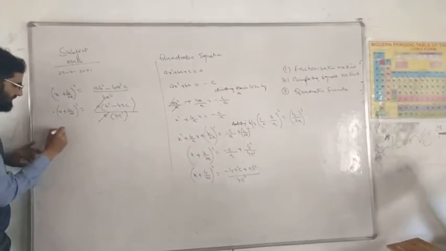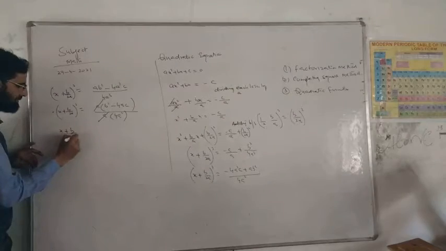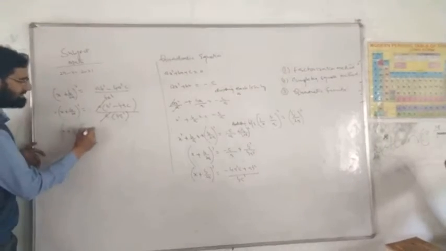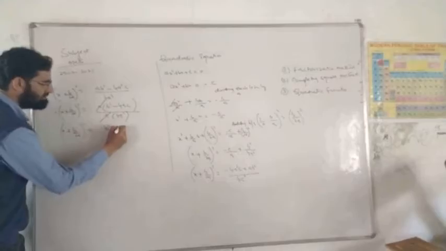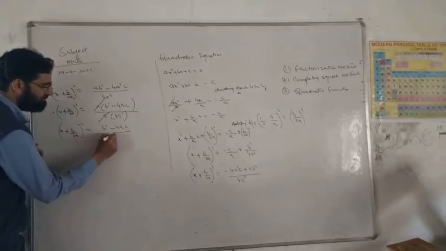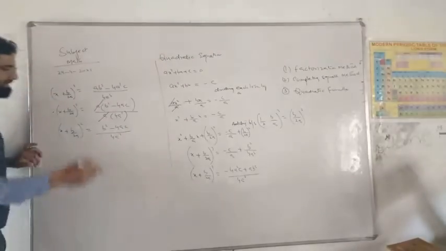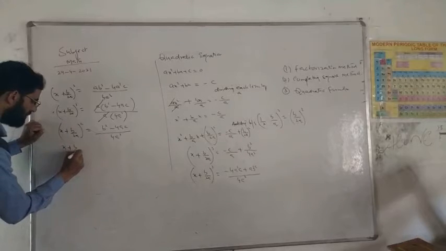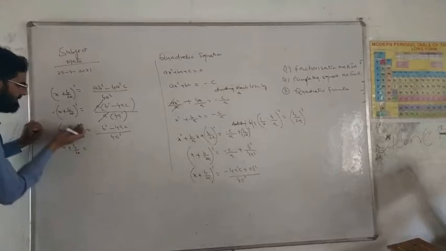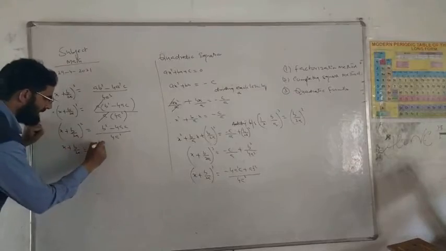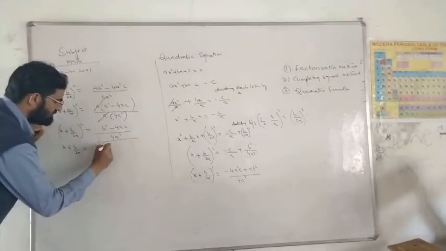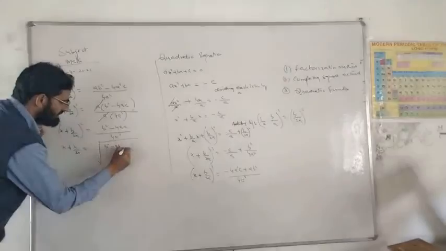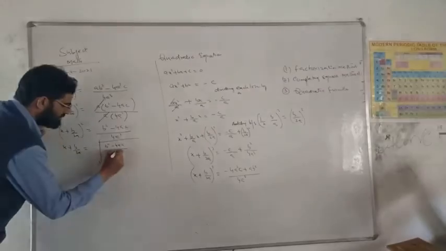We are left with x plus b by 2a whole square is equal to b square minus 4ac divided by 4a square. So x plus b by 2a is equivalent to, the square will go and we will have a root of b square minus 4ac divided by 4a square.